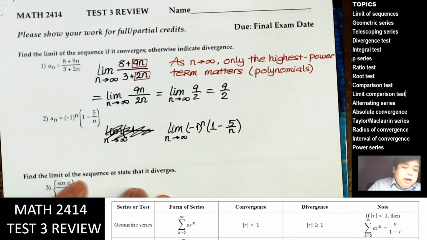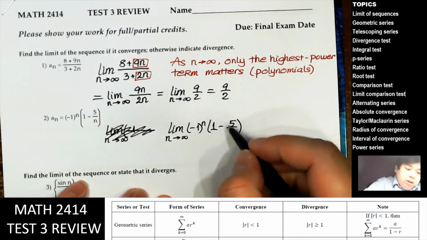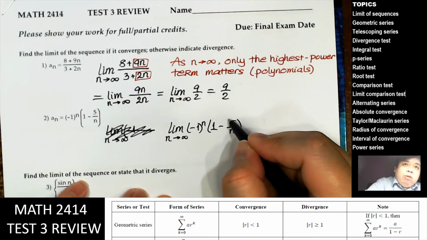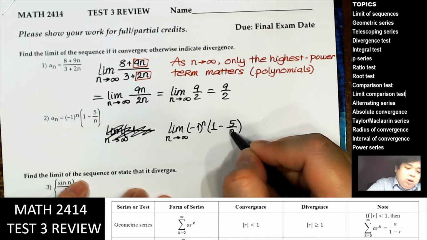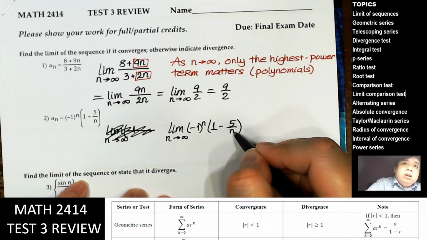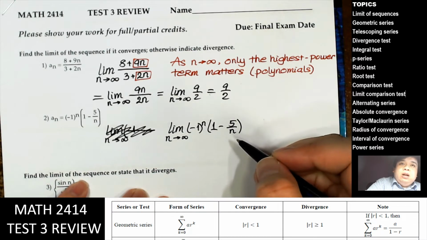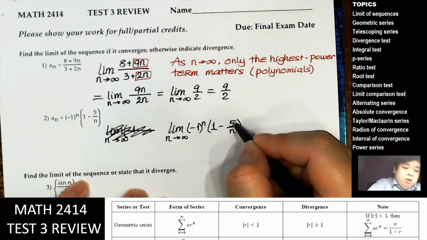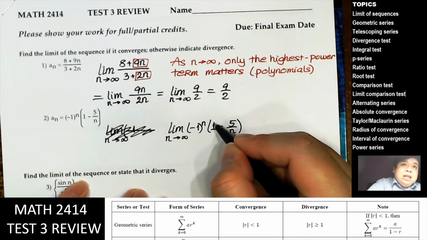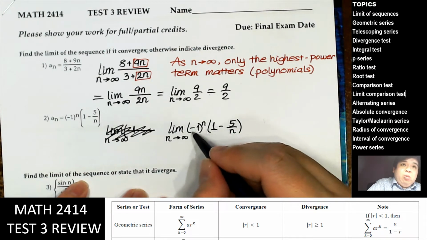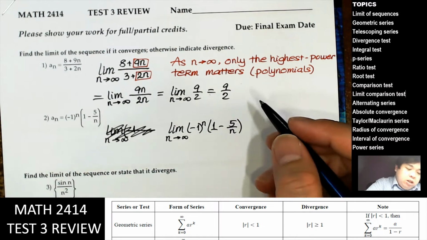Right. Now, since n goes to infinity, 5 over n, this term will go to 0. We have a finite number divided by infinity, so that's going to be 0. So this will go to 0. This is still 1, and the -1 here will just make it negative or positive.